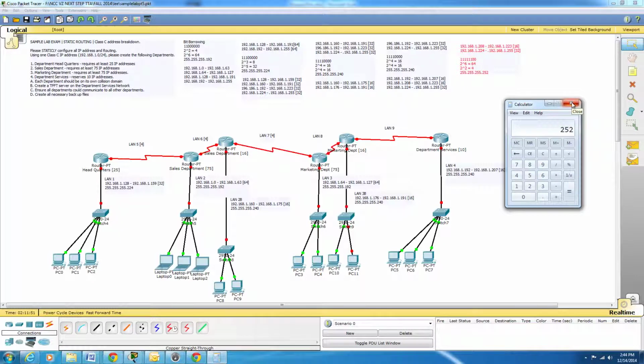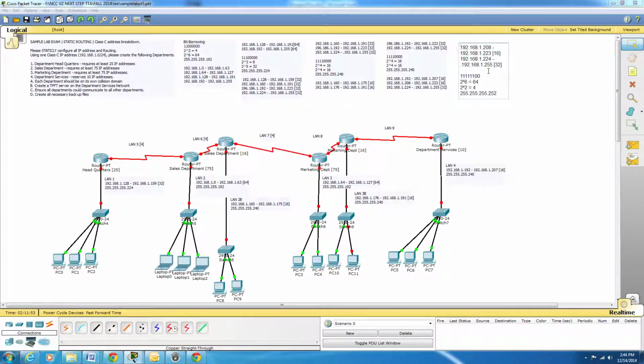Okay, let's move on. So now that we have the value of our subnet mask, we could move on to assigning that value to one of our segments. Or let's just break down the first block of IP addresses. So we know this is 16 IP addresses, and if we're dividing them into 4, we should be able to get 4 blocks just using this first set of 16 that goes from 208 to 223.